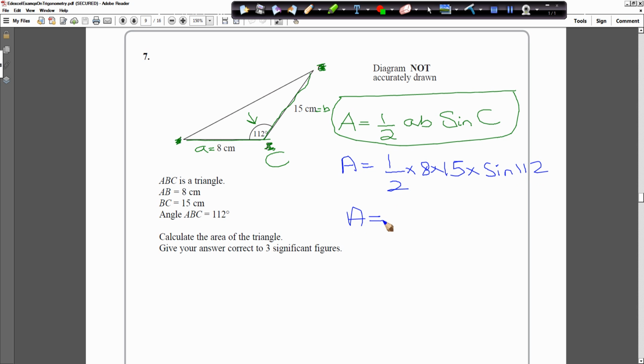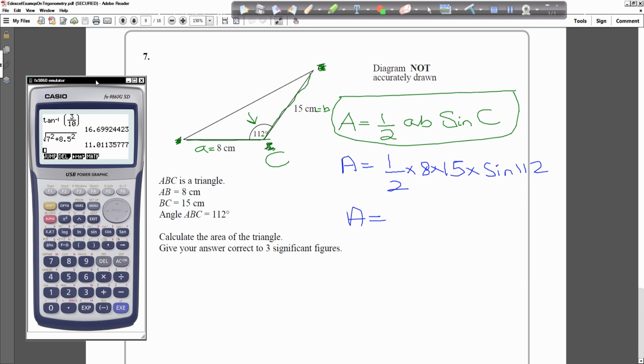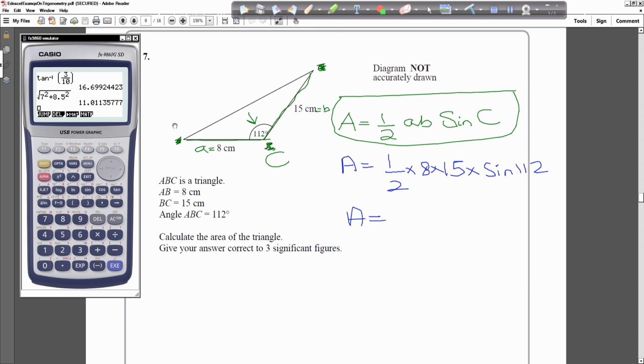So we need to grab our calculator. Okay, right, let's type that in. The half you can replace with 0.5 if you want to.